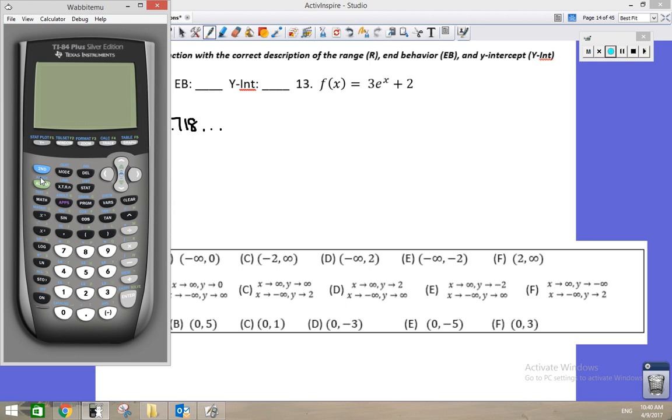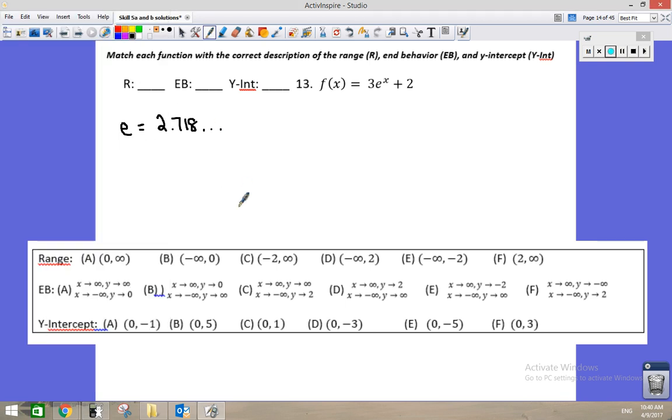Usually you have to hit the shift key and it's on the LN, the natural log button. Here it's asking me what exponent would I like, so just to the first power. And you can see it's 2.718, and it goes on forever without any kind of a repeating pattern. So students at first, it takes a little bit to get used to it.